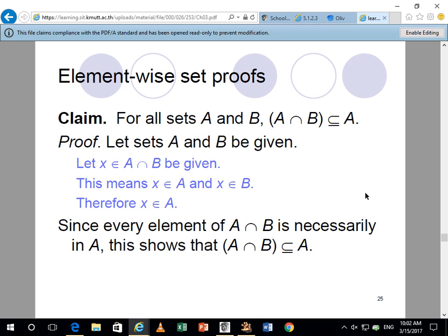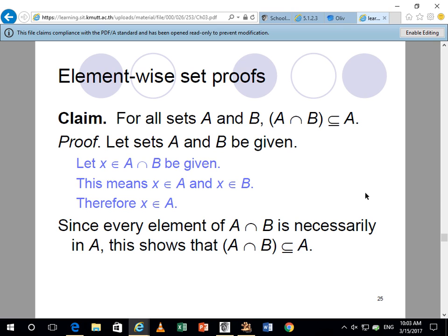If X is an element of this set, that means, therefore, X is an element of A. Now consider, instead of asking whether two sets A and B are equal, we're asking about A intersect B, which we can call set C if you want, and A. Are they equal?